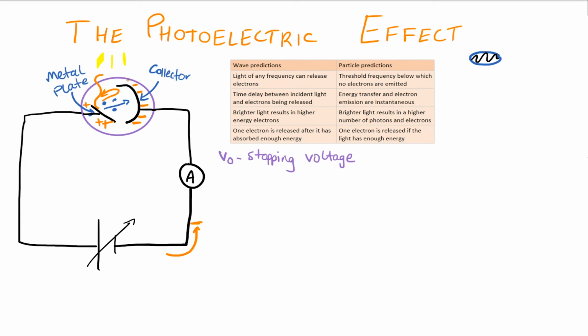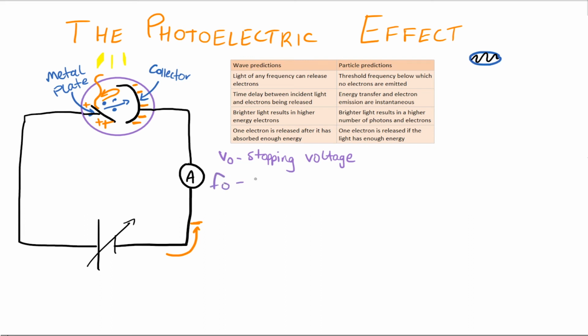So V0 is the lowest possible voltage when there's no photocurrent. At voltages applied below V0, there is a photocurrent flowing through the ammeter, but at voltages above V0, so say the stopping voltage is 2 volts, and we apply 5 volts, well, there's still no chance of a photocurrent because we're applying even more than we need to repel the electrons from the collector plate.